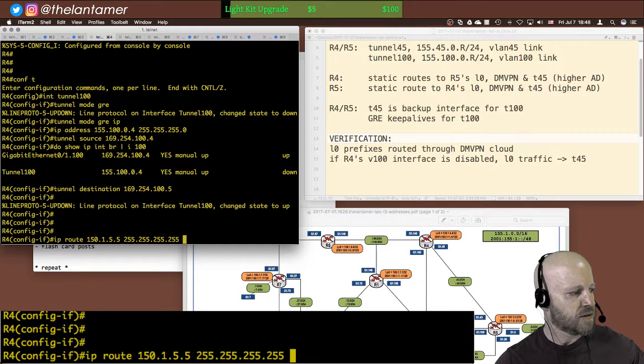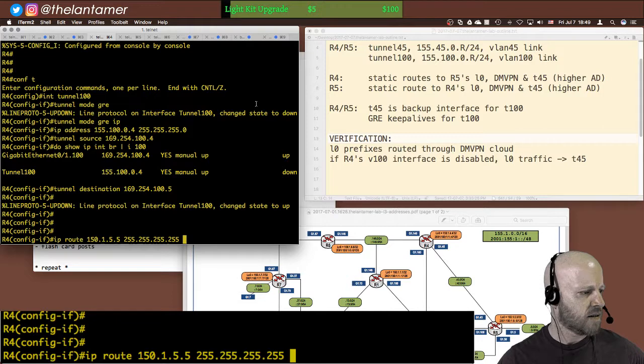Okay, I'm a little confused about that. Static routes. Configure IPv4 static routes via both DMVPN Cloud and Tunnel 45.